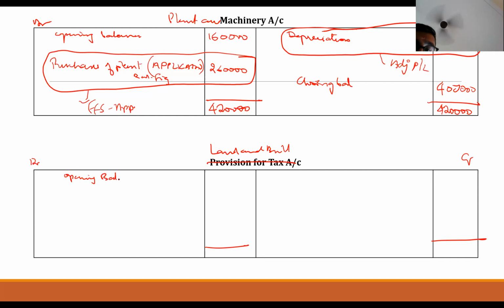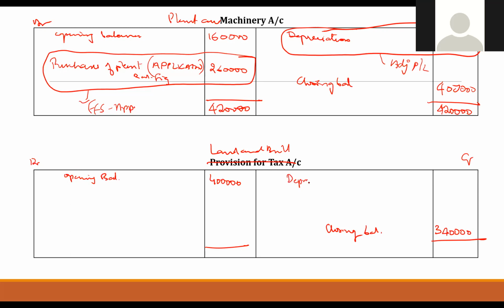Opening balance 4 lakh, closing balance 3,40,000. What is given in the adjustment? Depreciation. Debit or credit? Credit. Depreciation amount 40,000.